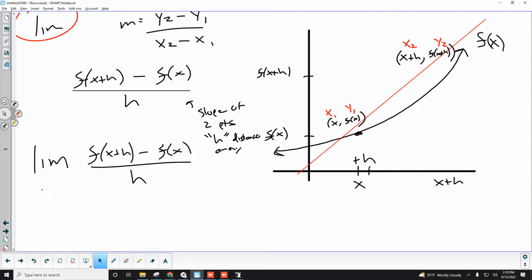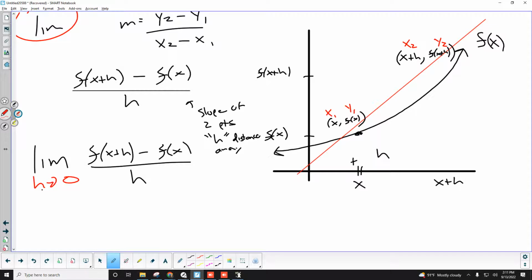This always stumps students. Now, we're always used to X approaching things, but now, what's happening to H as these 2 points get closer and closer and closer together? No, what? H is approaching 0. Different. You guys are all used to X's, so this is new.